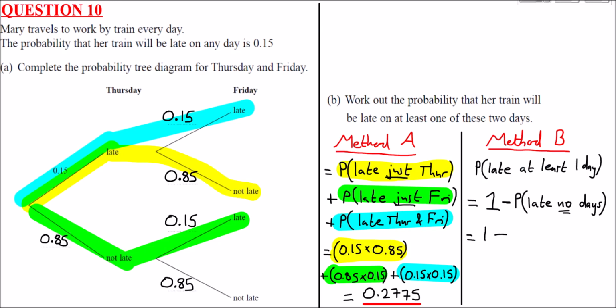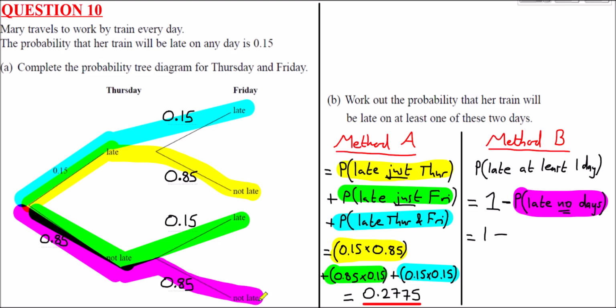So what we could do here is just simply work out one probability and subtract that from 1. The probability that it's late on neither Thursday nor Friday would be this route down here, not late on Thursday, and then not late on Friday either. So this is 1 minus 0.85 squared, or 0.85 times 0.85.